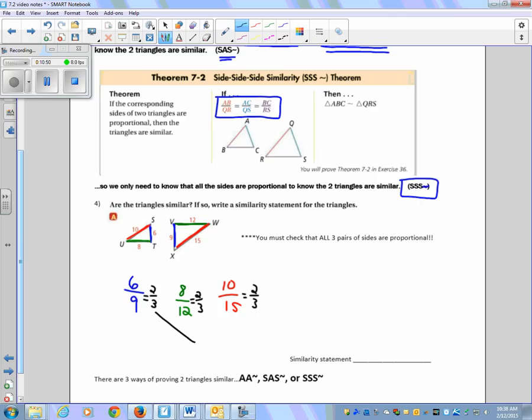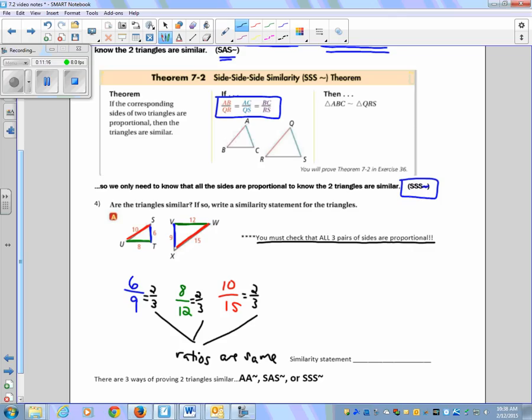So since they all have the same ratio, that means that they are similar. Ratios are the same. So that means all the sides are proportional, so they're similar. Now remember, there's another way to do it. But either way, we have to check all 3 pairs of sides.